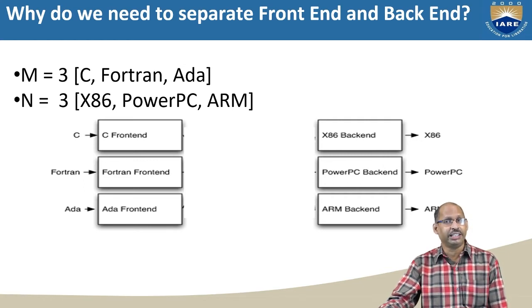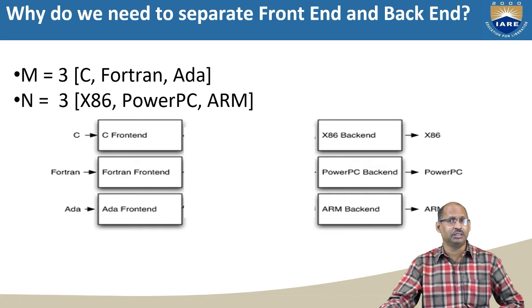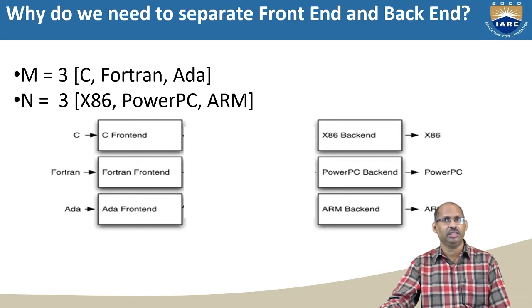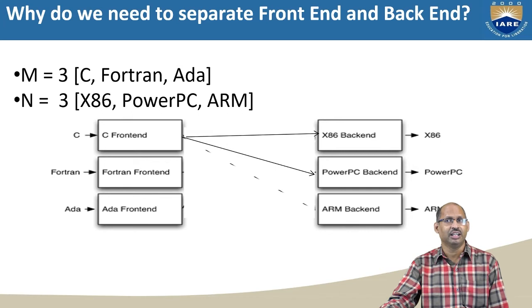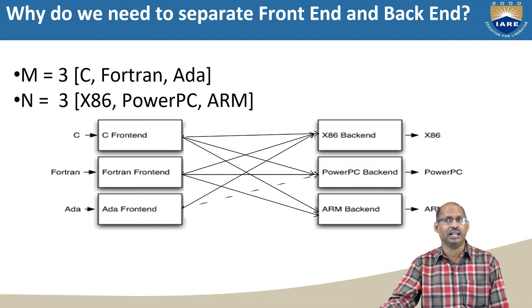So a C compiler is constructed for x86, PowerPC, and ARM, so we need three compilers for C. Similarly for Fortran, and similarly for Ada.